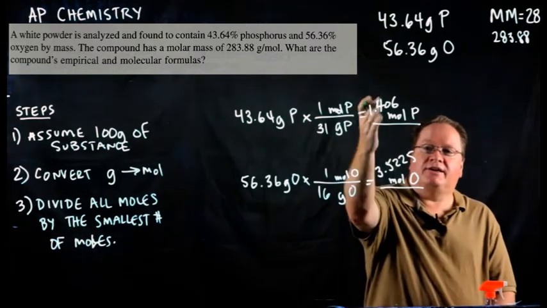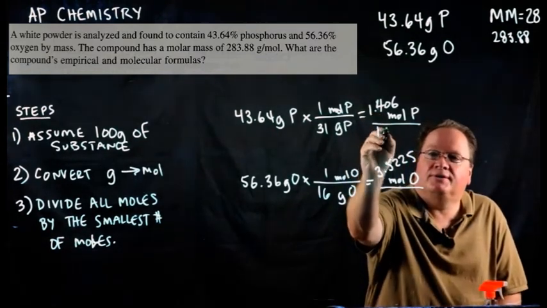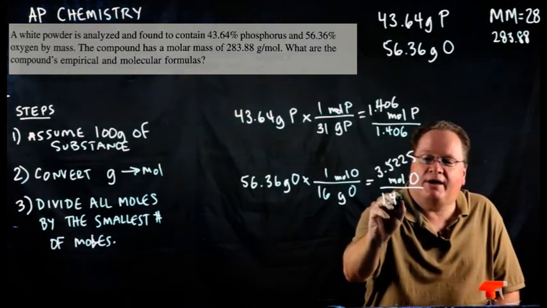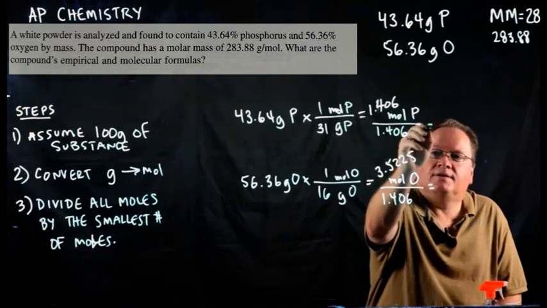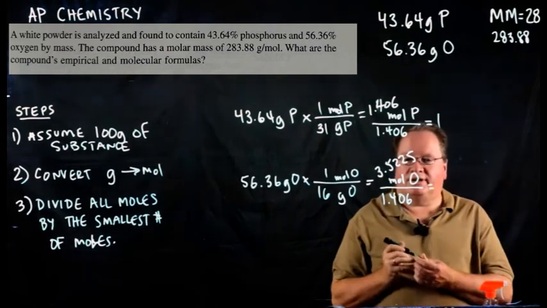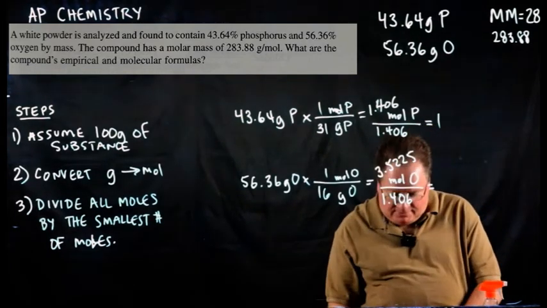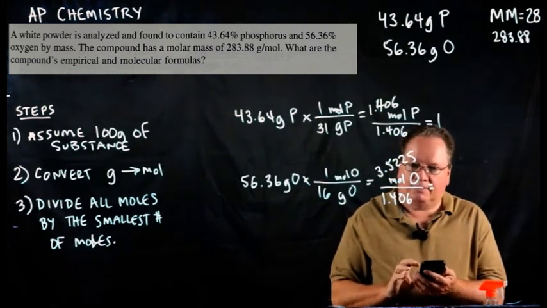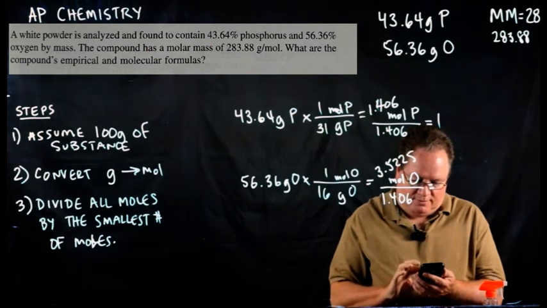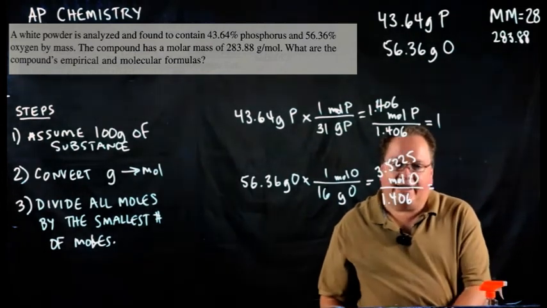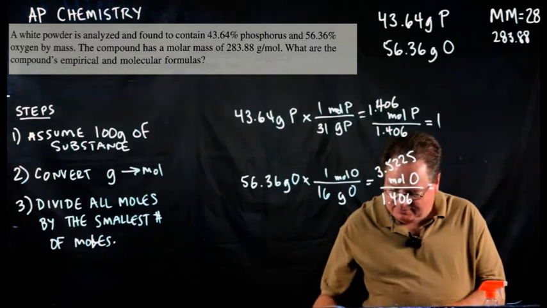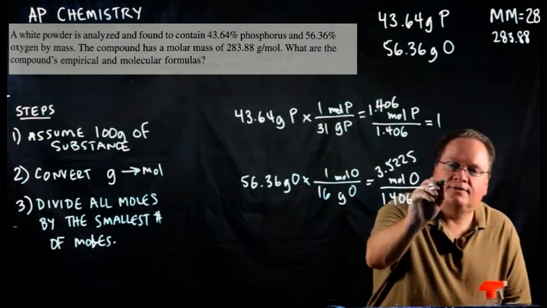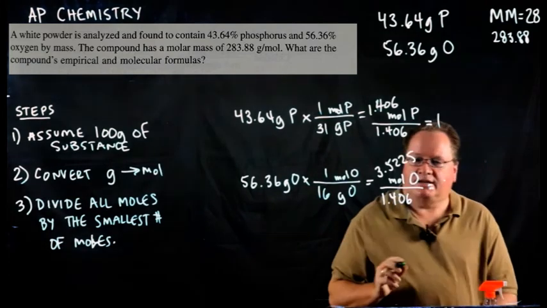So I can see by looking at the 2, the 1.406 is the number I'm going to divide both of these by. This clearly comes out to 1. If I look at the bottom here, I get, I did something wrong.